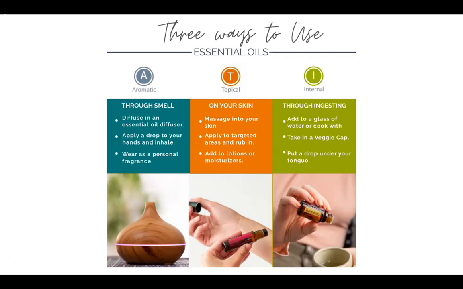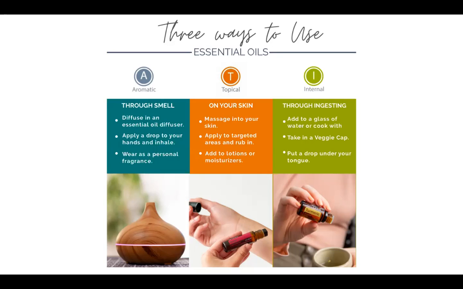The quickest way to impact mood and change the ambience of an entire area would be to diffuse your oils. So let's talk about aromatic first. The smell, the olfactory part of the brain where the smells and the senses all resonate, is a really important part of the brain because it controls the limbic system, which can create physical reactions in the body.